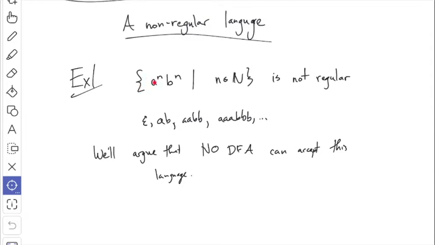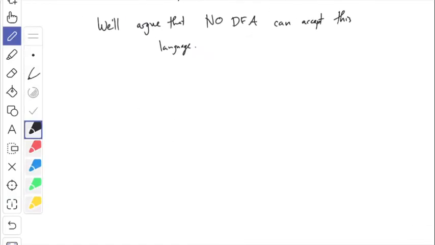A DFA would have to somehow read all these A's and remember how many there were, and then read these B's and somehow remember that there were the same number of B's as there were A's, right? And this is something that's hard for a DFA to do. In fact, it is impossible. I'm going to try to convince you that it really is impossible. We're going to do this by contradiction.